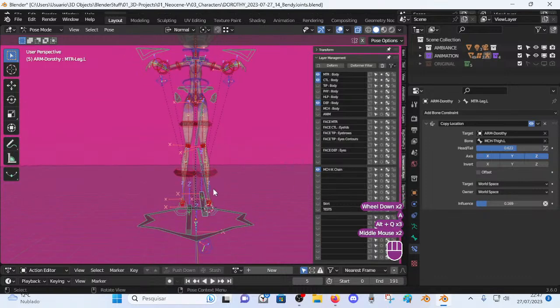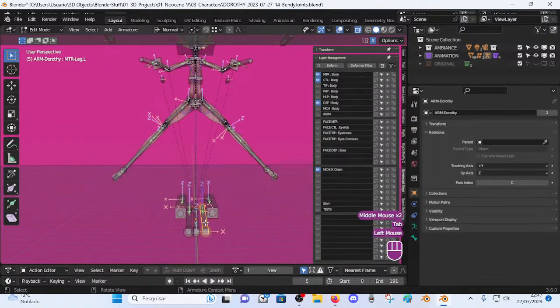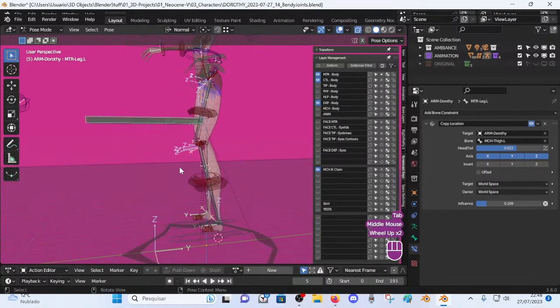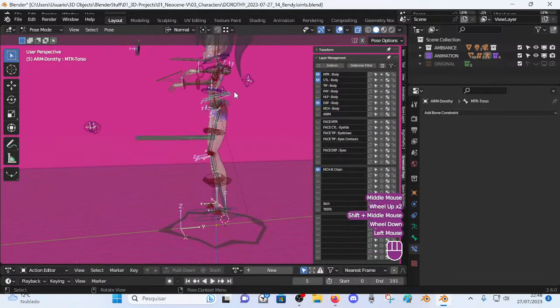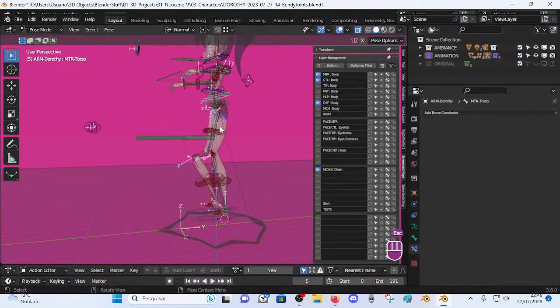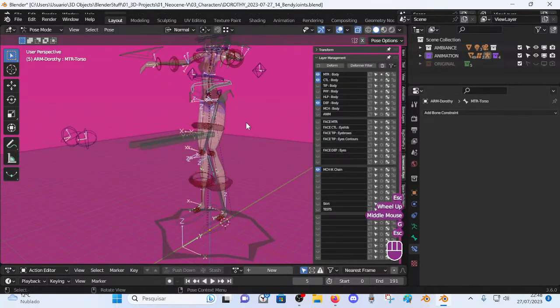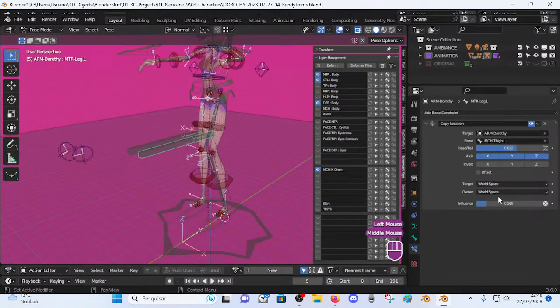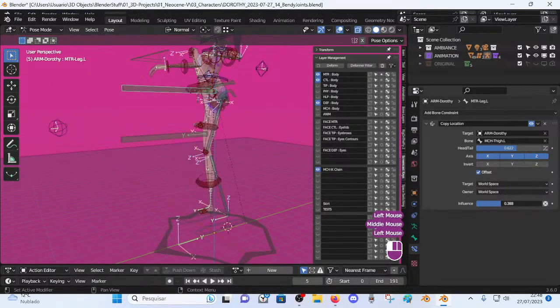No, then it starts too low, but let's give it here. I'll try some stuff. We'll see. You see, yeah, it's moving. It's not offset, but yeah, let's put it offset, and now let's put a maximum influence.